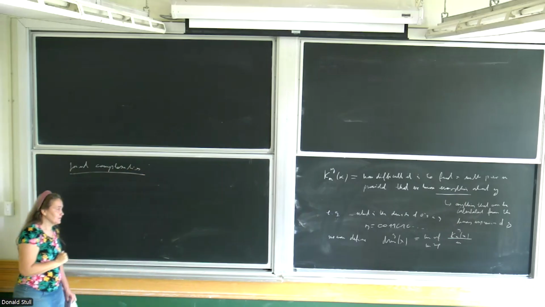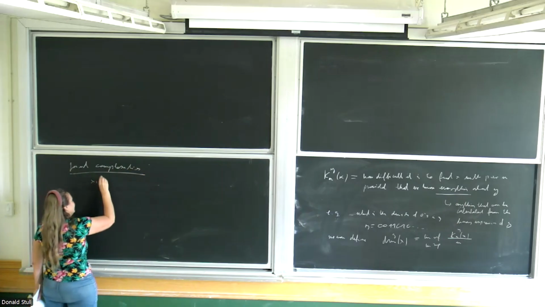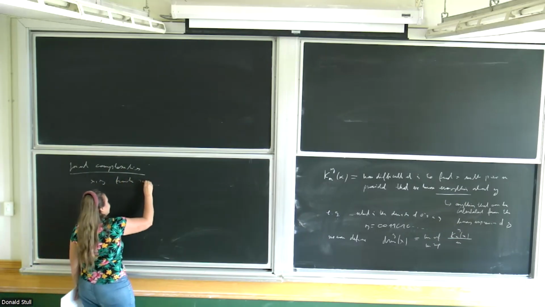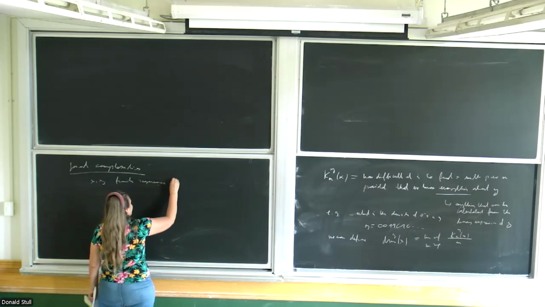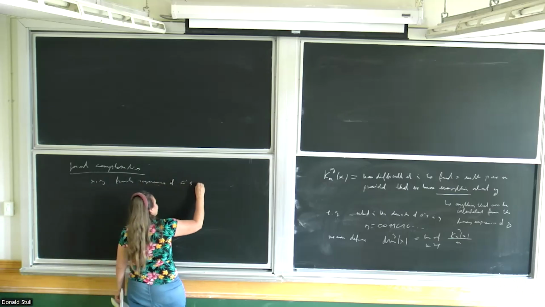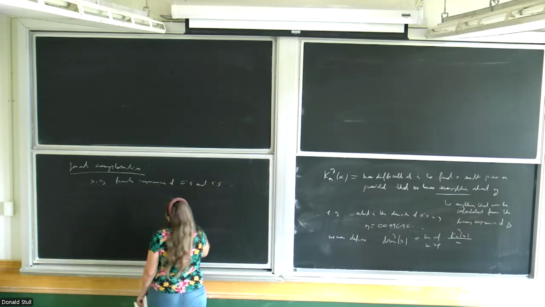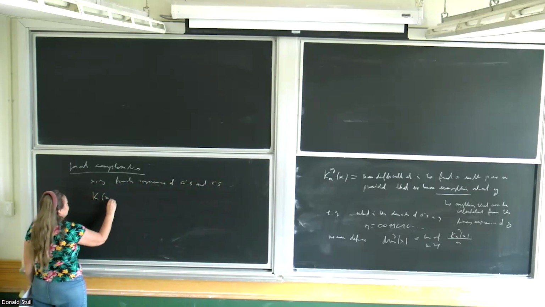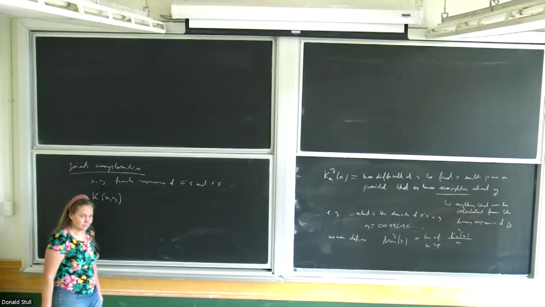So again, I have two finite sequences, x and y, finite sequences of zeros and ones. And now I'm really asking what is the complexity of x and y together.